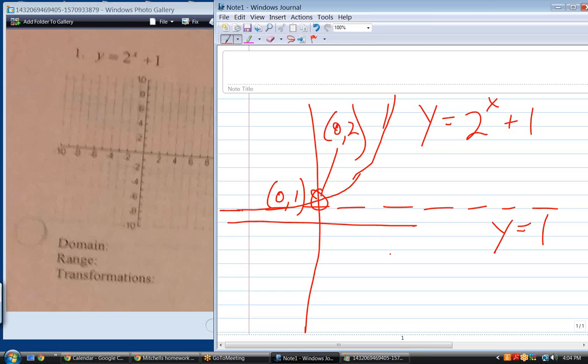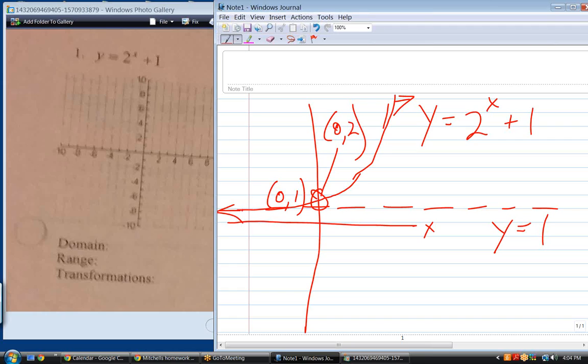And you can kind of see that from the graph. Domain is the allowable values for x, and we certainly go to negative infinity that way, and we can go to positive infinity that way. There's no restriction on what I can put in for x. There's no value for x that violates any rules of mathematics.